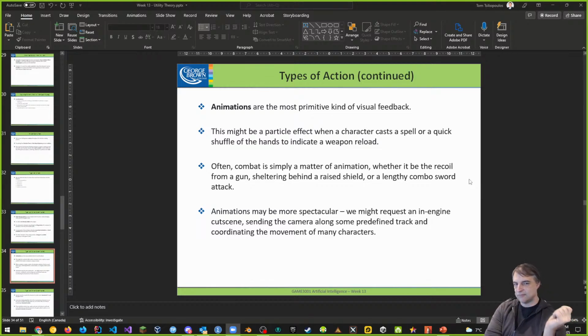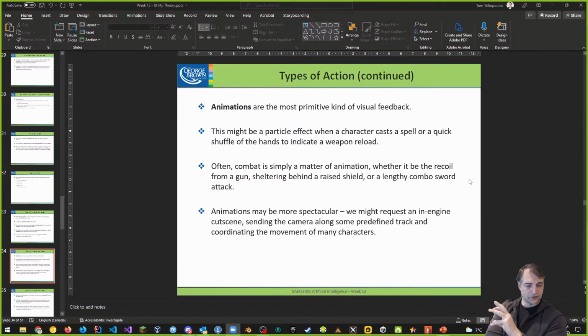It's some kind of animation that you're going to see. Animations could be more spectacular. We could do some kind of cutscene if we really wanted to, or whatever. But for the most part, it's just going to show you some kind of movement for that particular agent.